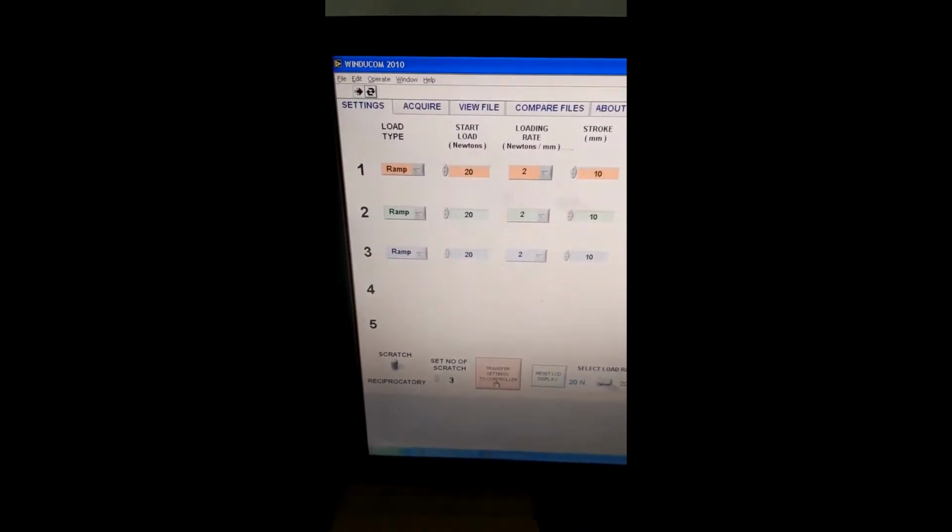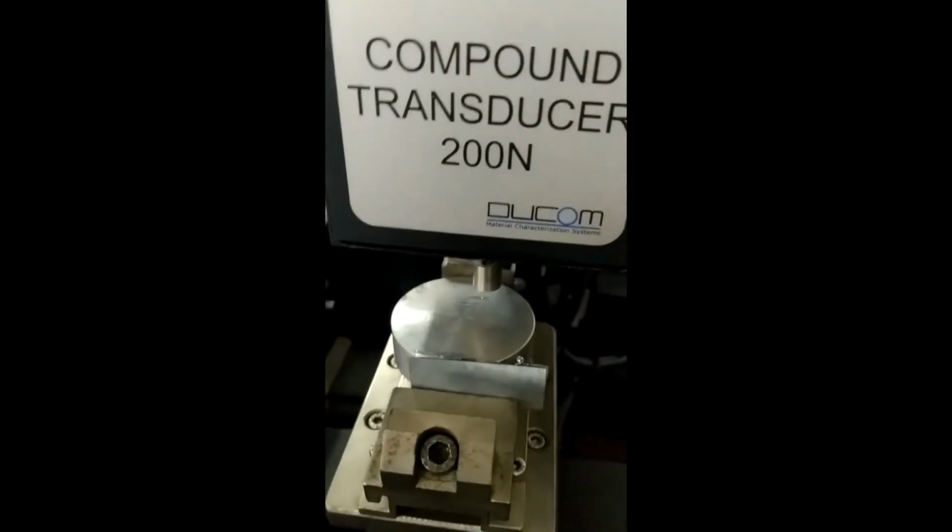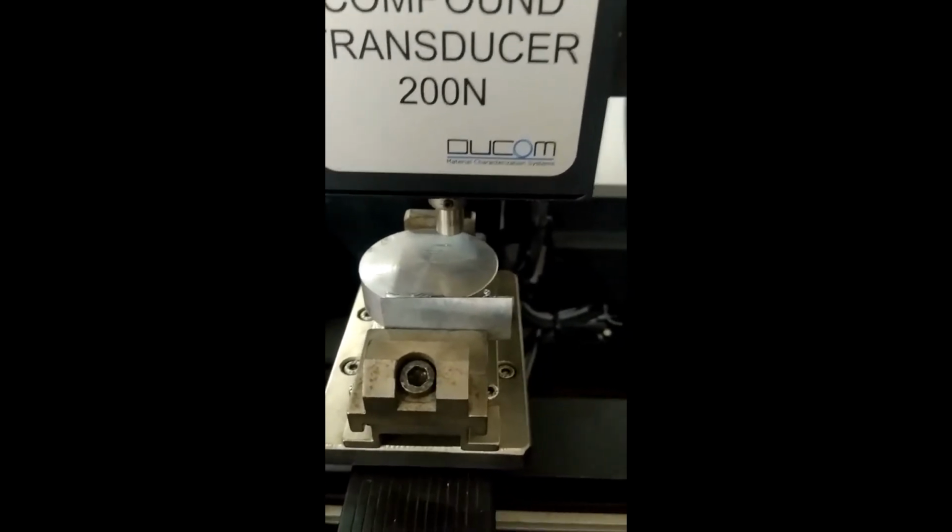Now we will go to transfer settings to controller. We will insert the file name here. Let it be, say, trial 1. Now we will start. After pressing start, it immediately starts, and the indenter begins to move down towards the surface of the specimen.